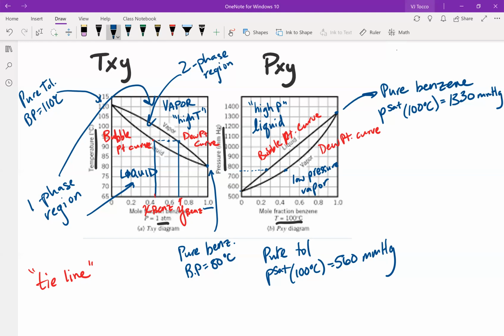So if I trace my 760 mmHg, which is 1 atmosphere, I should obtain the same mole fractions as 100C.